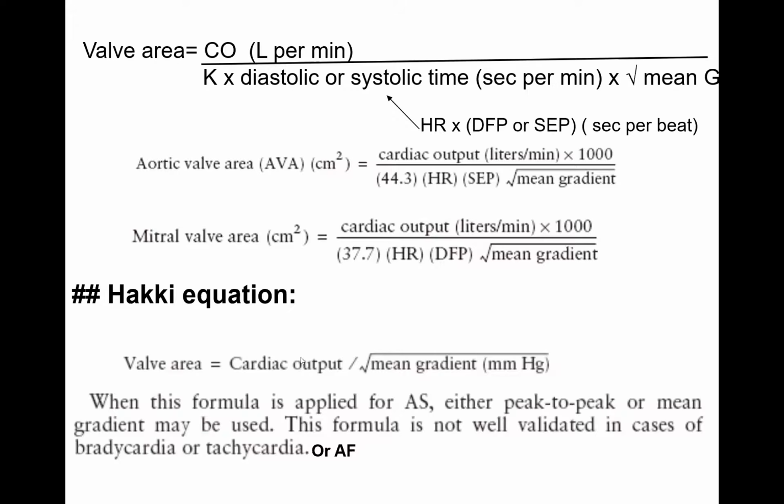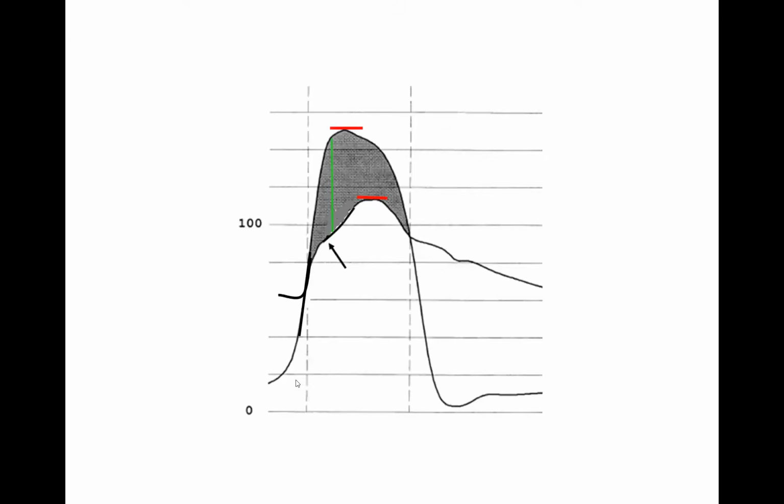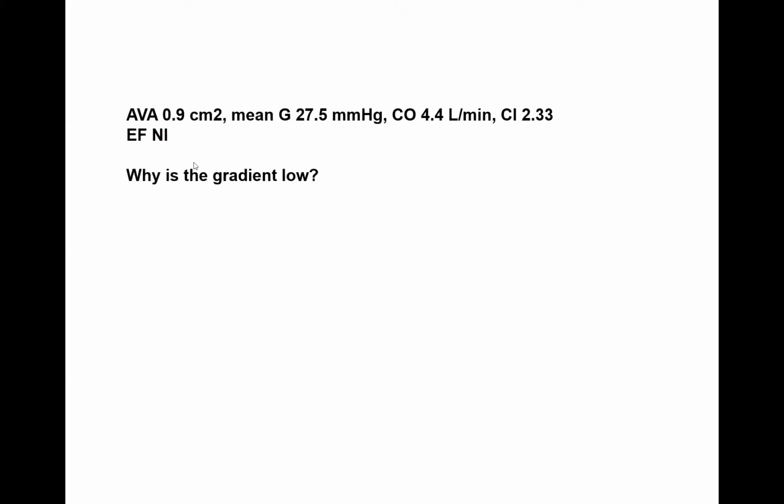So in that patient, cardiac output was 4.4 and peak-to-peak gradient was 28. So you measure it, 4.4 divided by square root of 28, which is about 5.5. So I came up, like you did come up with 0.9 as a quick mental math.